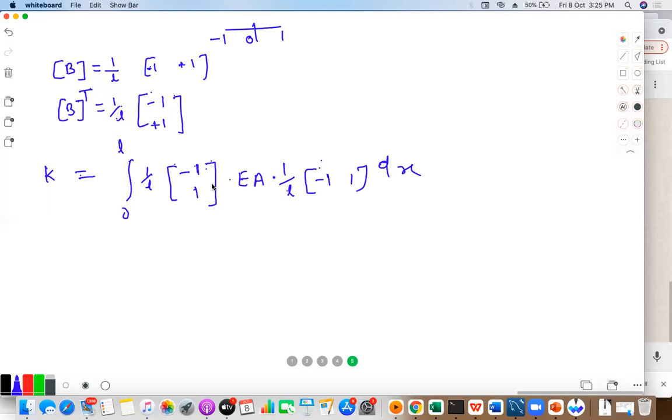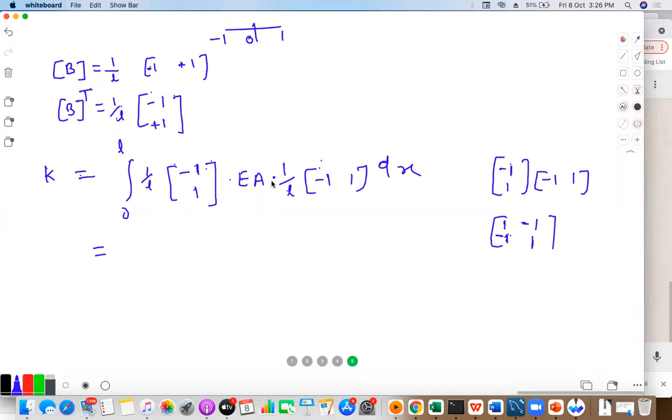Now taking this E A and L into L constant outside and multiplying this -1, 1 into -1, 1: -1 into -1 is 1, -1 into 1 is -1, 1 into -1 is -1, 1 into 1 is 1.